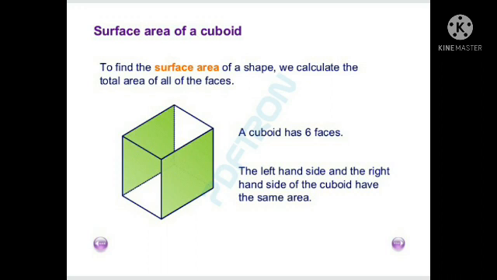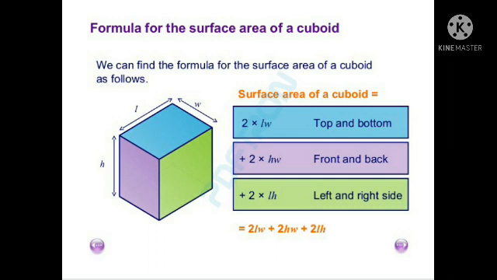Okay, so see students, in order to find the total surface area, we are going to add those rectangles. See the blue rectangles. From the figure you can see that the dimensions of the blue rectangle will be length into width, right?